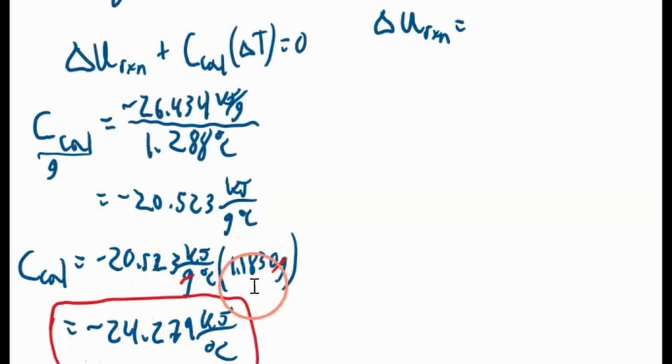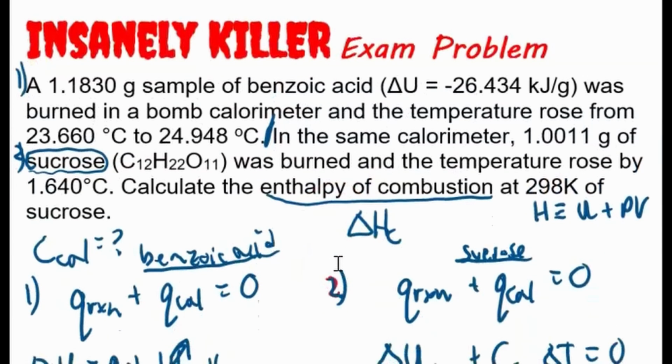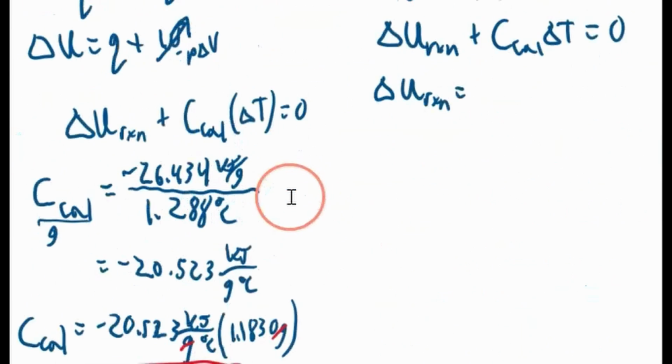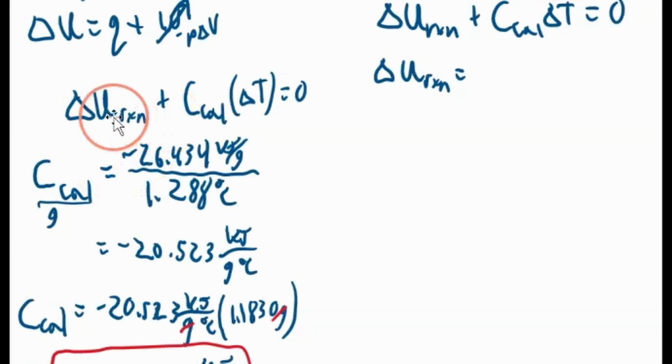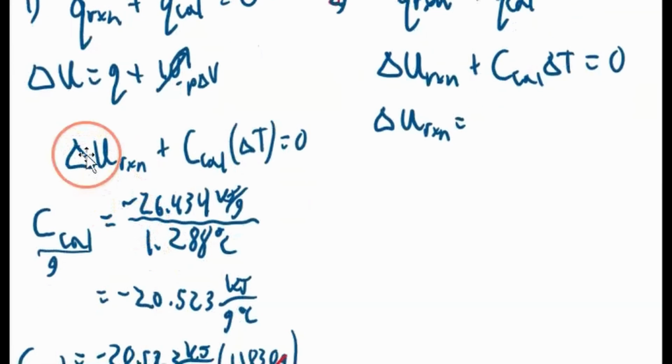wait a second, why is Ccal negative? That doesn't make any sense. What did I do wrong here? Oh, when I move this over, this should be positive. This is what happens when I skip steps.